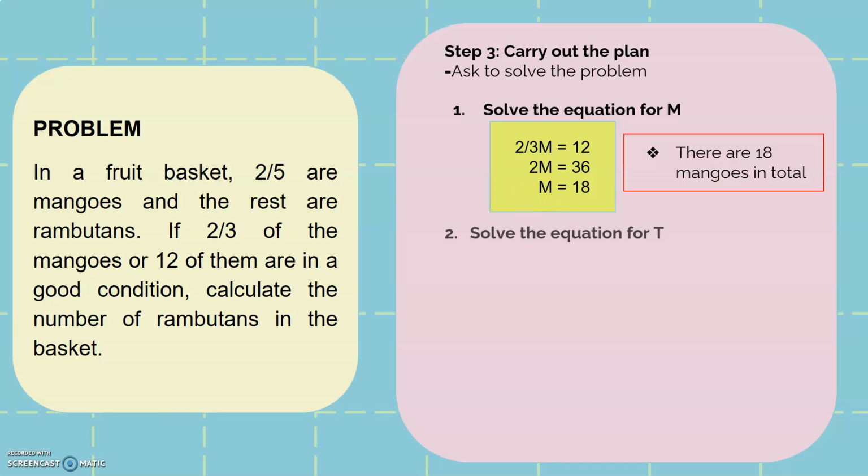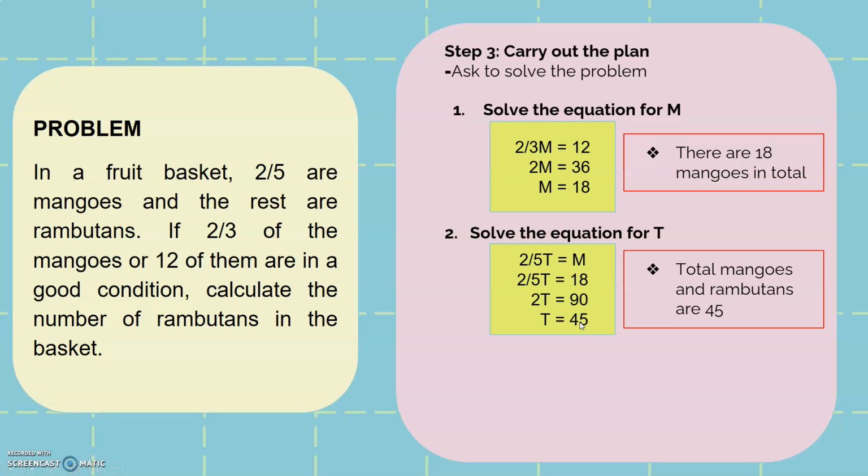For the second thing, I will ask them to solve the equation for t. Based on the previous slide, we have 2/5 t = m, and calculating it, we get t = 45, so they know that the total mangoes and rambutans are 45. Then the third equation: I ask them to solve for r, the last variable.